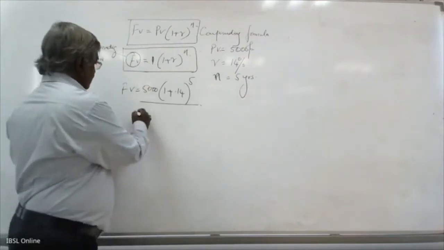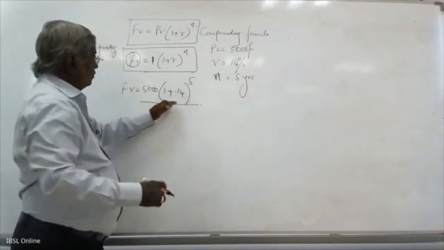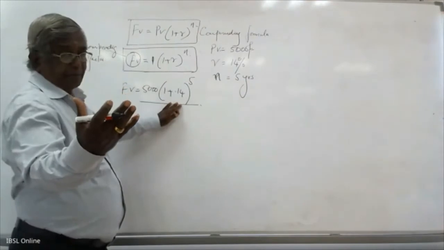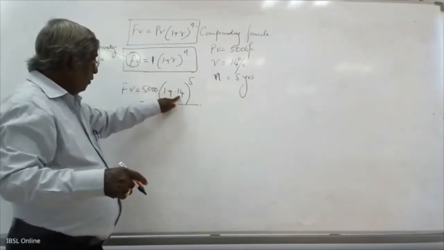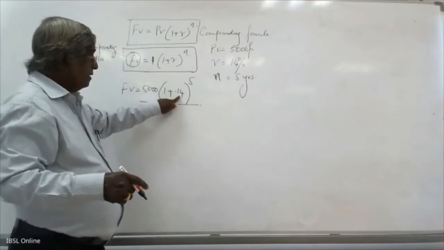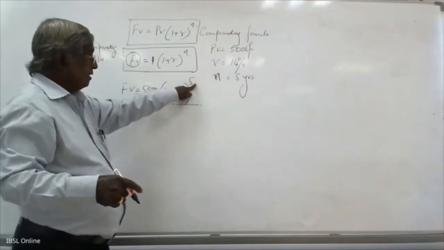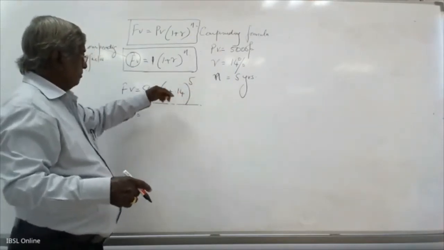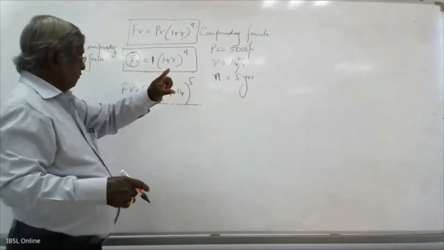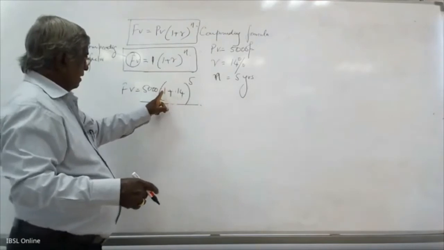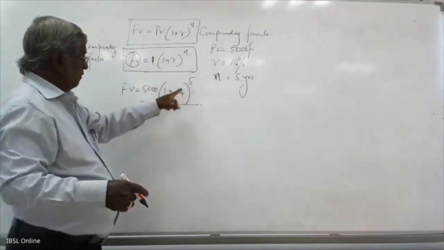So first you calculate this. What you can do, you can take the compounding table and look at 14% interest for 5 years, what is the compounding factor? If PV is 1, then it is (1 plus 0.14) to the power 5.